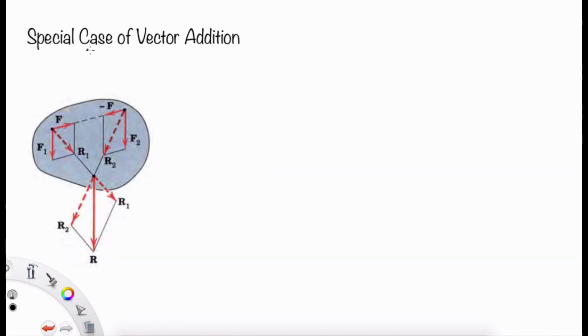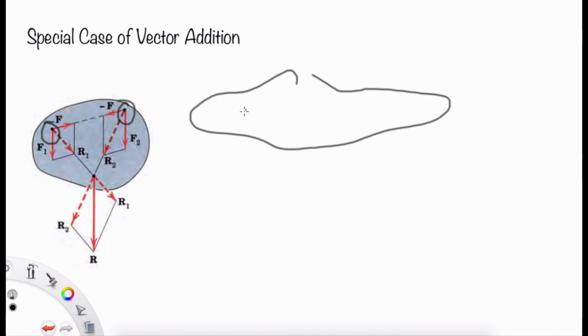The special case of vector addition is here. I have two forces: the first is F1, the second is F2. These forces are parallel, so we have difficulties. For example, we have F1 here and F2 here, and they are parallel. How do we get the resultant?